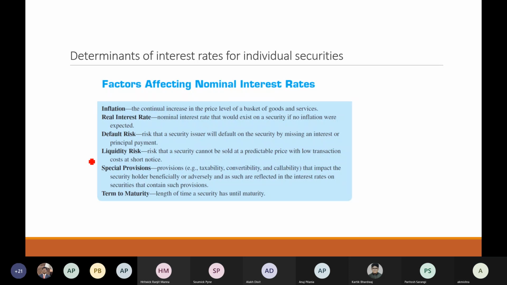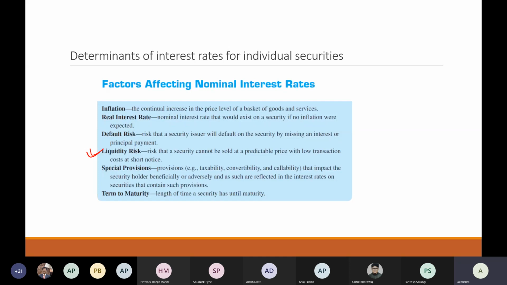Similarly, liquidity risk: there is a probability that the asset you purchased, you may not be able to sell at low cost. Why are you purchasing an asset? Because you want a return, and at the same time you want a substitute for your cash equivalent.